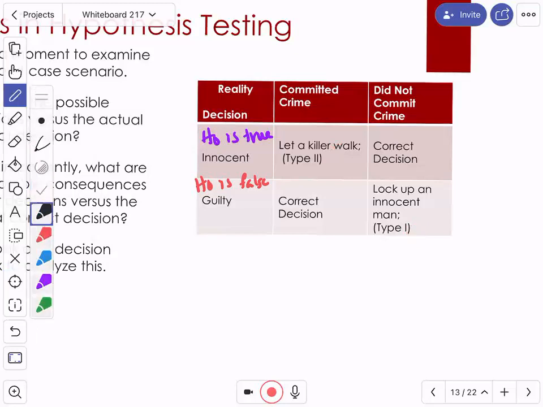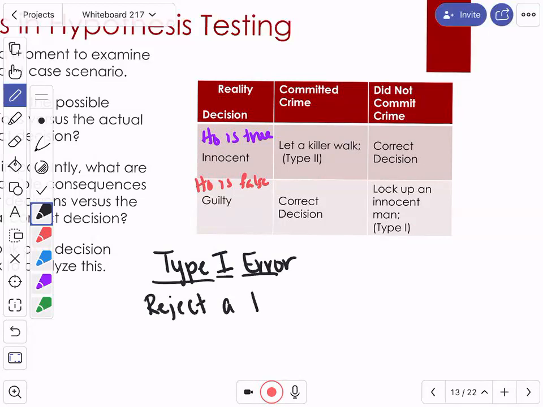So here's what has to happen. For a type 1 error to occur, this is when you reject a true null hypothesis. What does that mean?